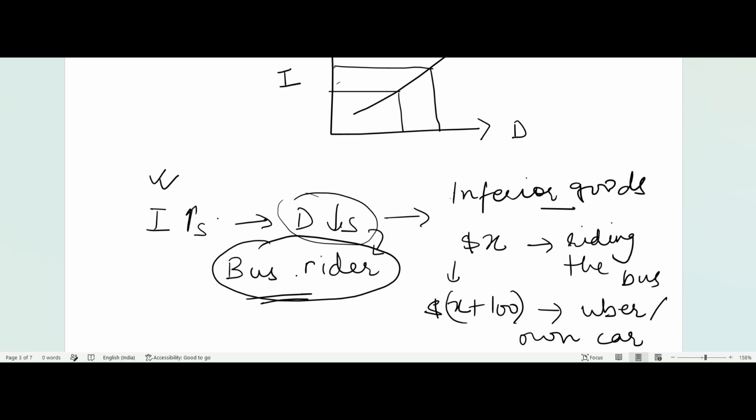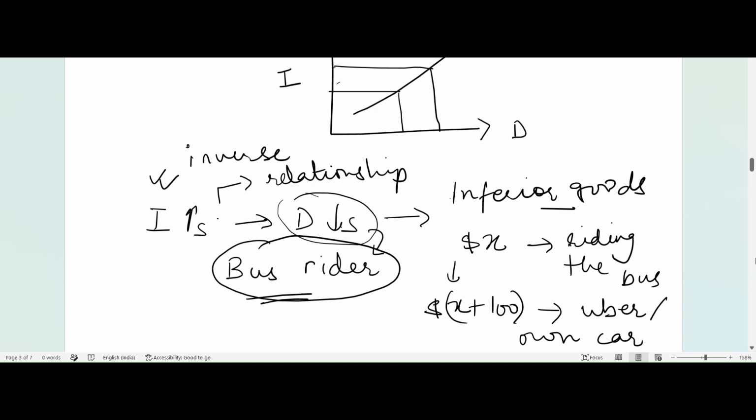So my demand for bus went down with the increase in income. If the relationship between income and demand is inverse, then we say that the goods we are talking of are inferior goods.